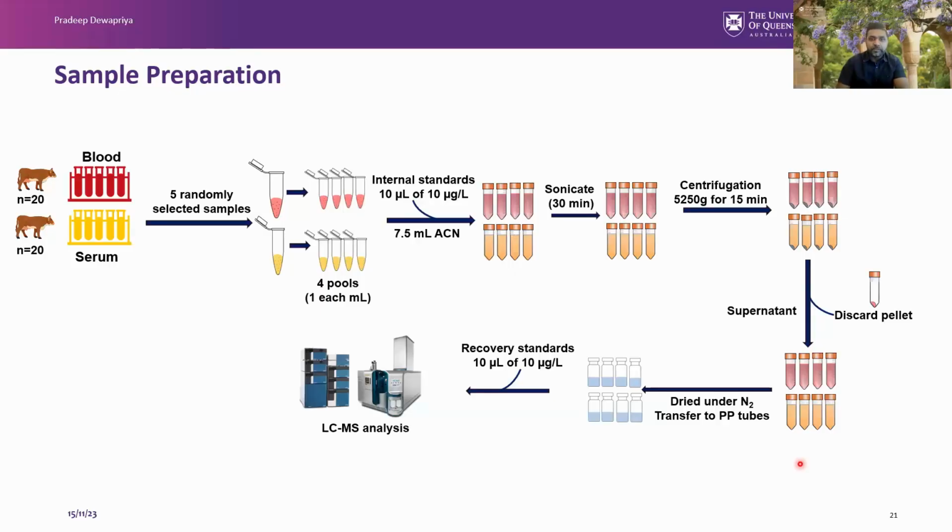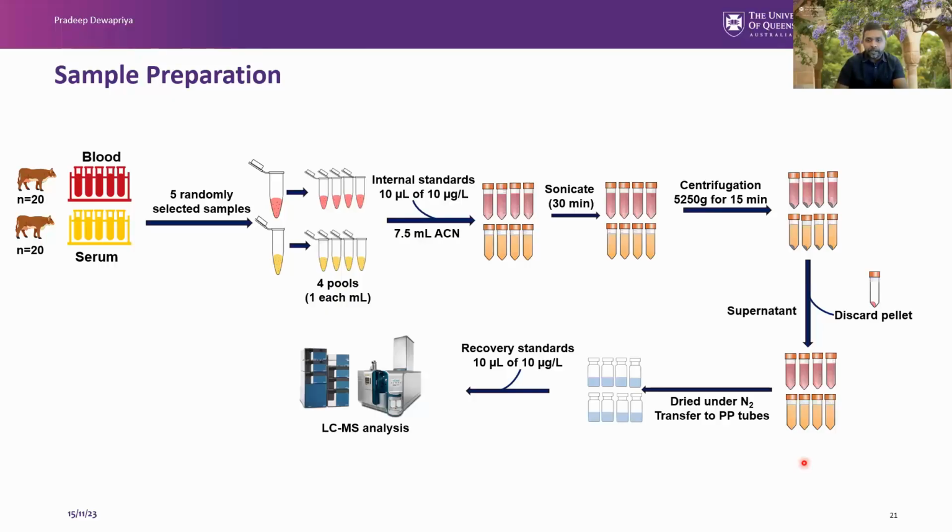As a reference control sample, potentially clean animal blood and serum were also extracted using the same extraction protocol. Briefly, pooled samples were spiked with pseudo internal standard, which can be used as quality control and quality assurance standard in our data acquisition and data processing.